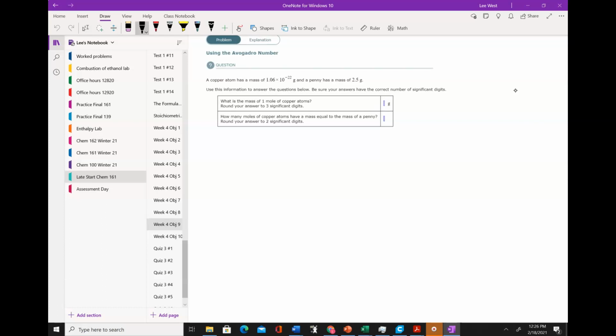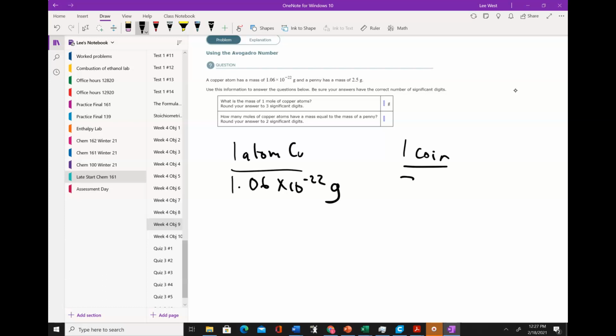So what we know is that 1 atom of copper weighs 1.06 by 10 to the minus 22 grams, and we also know that 1 coin weighs 2.5 grams. Okay. Use this information to answer the questions below. Be sure your answers have the correct number of sig figs. So it's going to be either 2 or 3, isn't it, right?